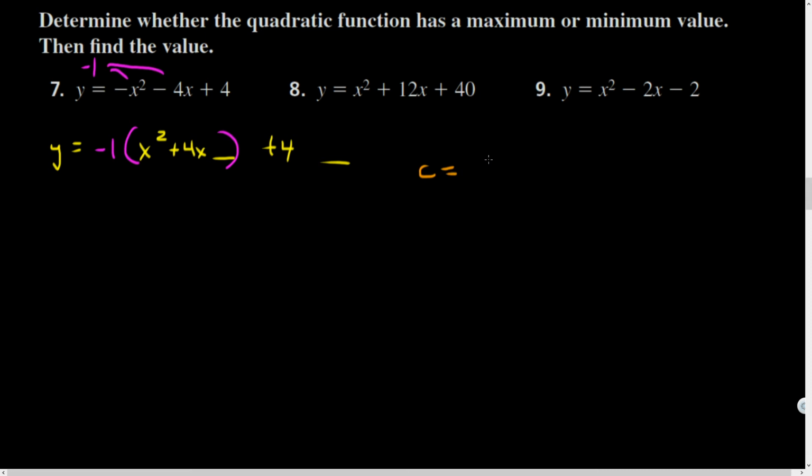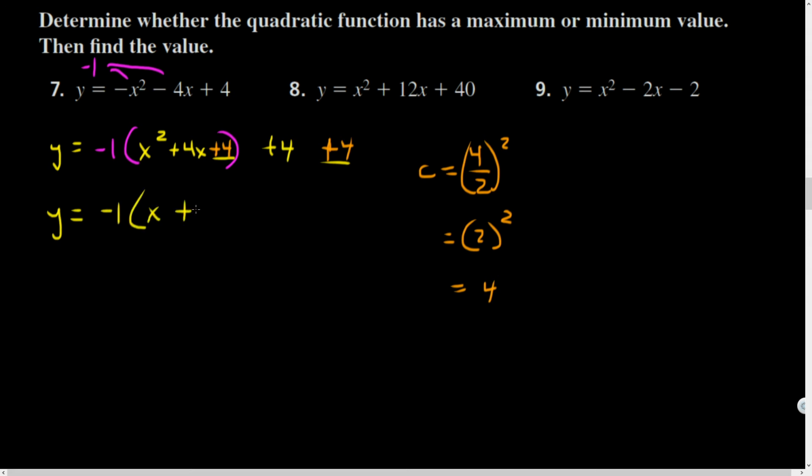So c is equal to 4 divided by 2 all squared, which is 2 squared, which is 4. So I'm going to add 4 in the world of parentheses, which was really subtracting 4. And so to balance it, I'd have to add 4 over here. And so fast factor, I've got y equals -1, x plus 2 all squared plus 8.